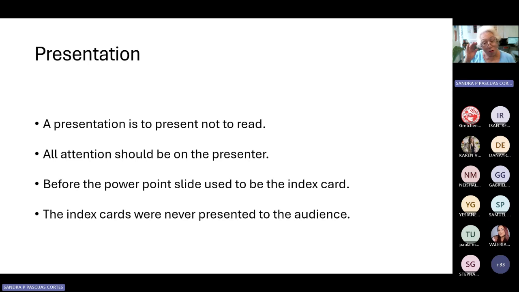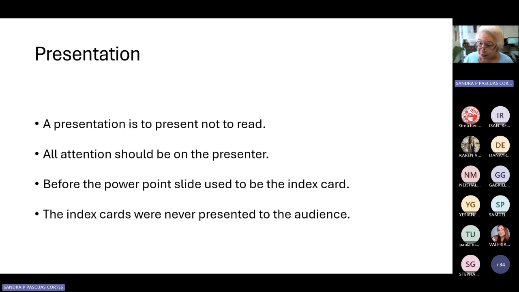If you remember, or maybe you saw someone present with index cards, did they show you the index card? Did they say, look, it's here? No, because the index cards were never presented to the audience because those were your notes. But now we have our PowerPoint presentation with the slides, with the information.